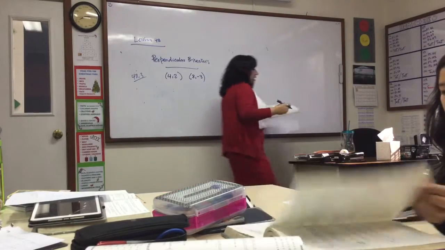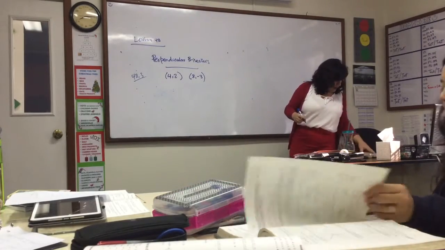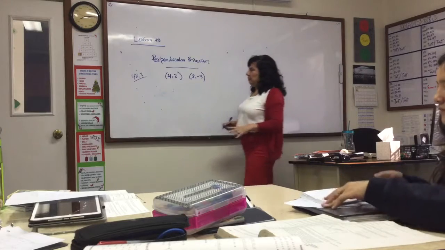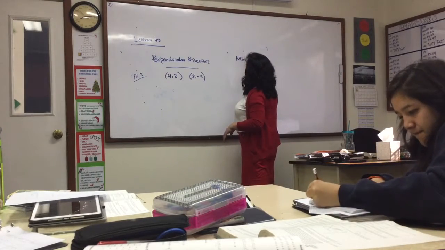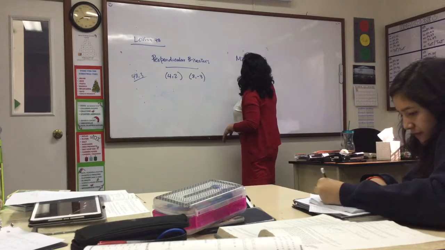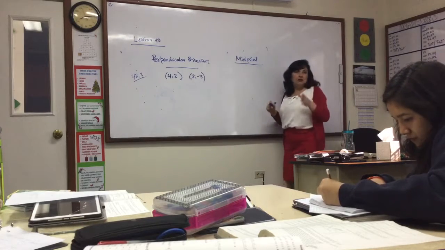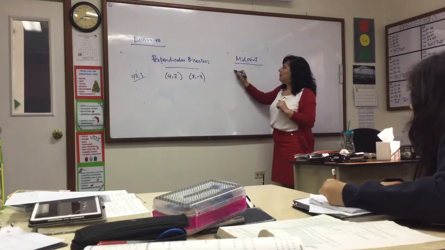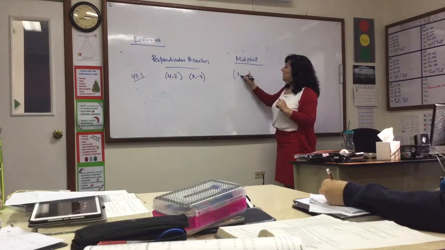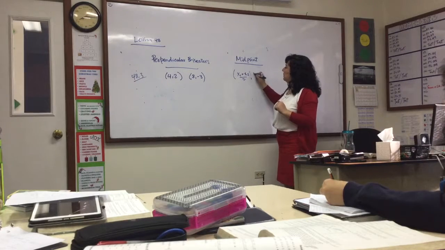Okay, so what do we have? Use the midpoint formula method. Do you remember what a midpoint is? The halfway point between 2 points. So what would be the midpoint for this? Do you remember the formula? It's x1 plus x2 divided by 2, comma, y1 plus y2 divided by 2.